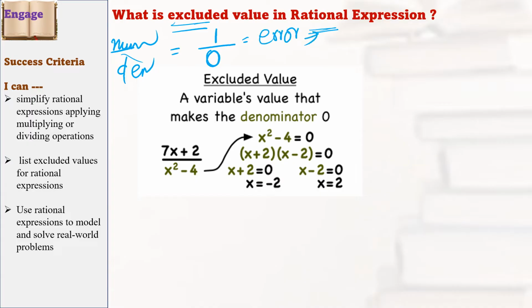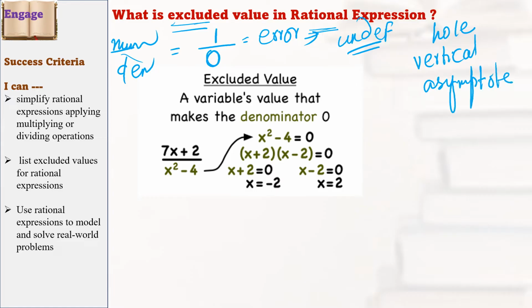It means that the function is undefined. Maybe at this point you might have in the graph a hole or a vertical asymptote. So due to these reasons, the expression or the function gives you an error. The graph of such functions is broken. That's why excluded values are the values which make the denominator equal to 0 or which make the function undefined.